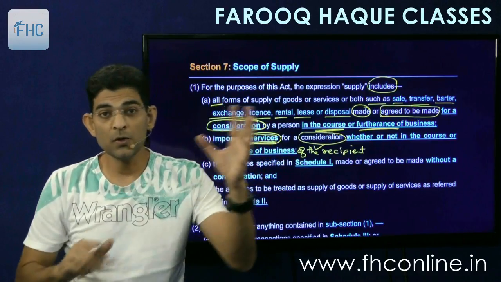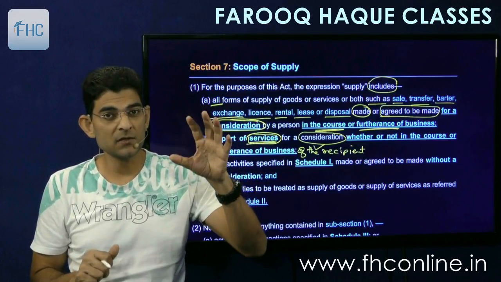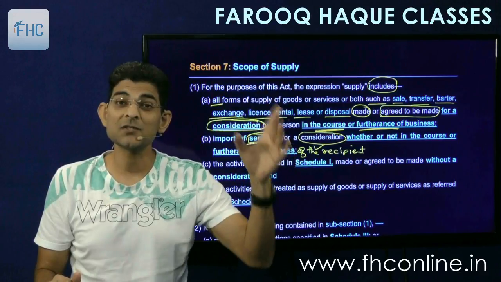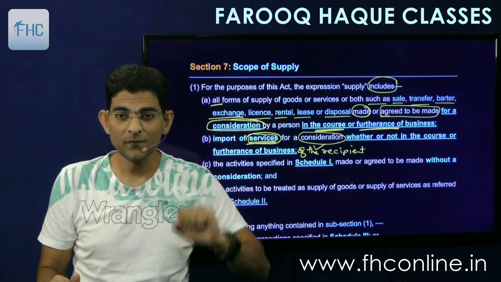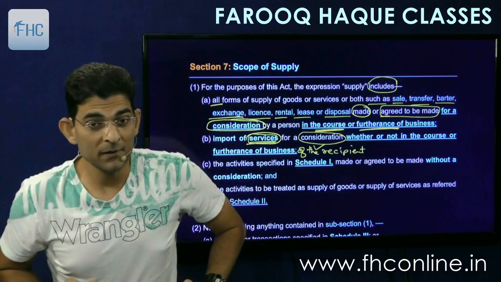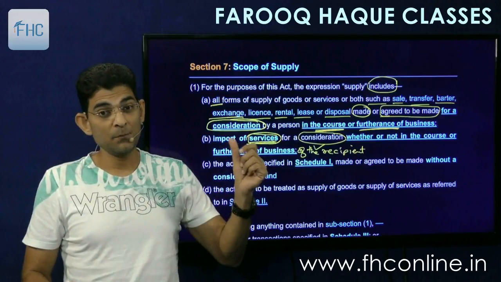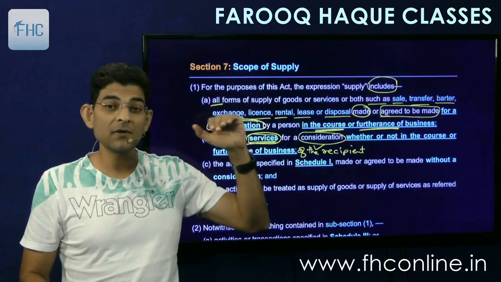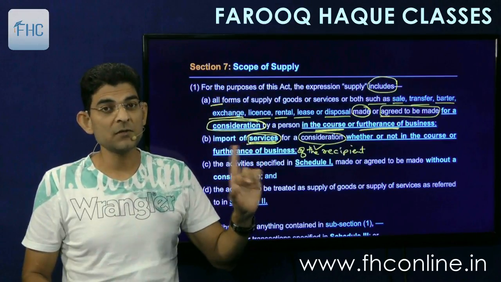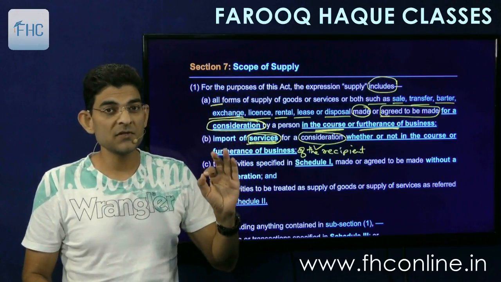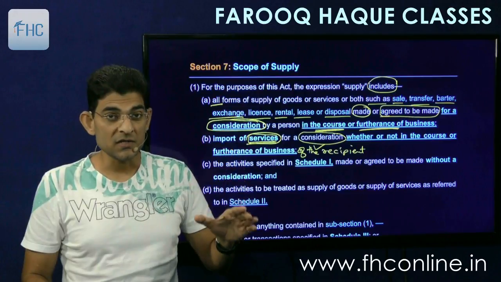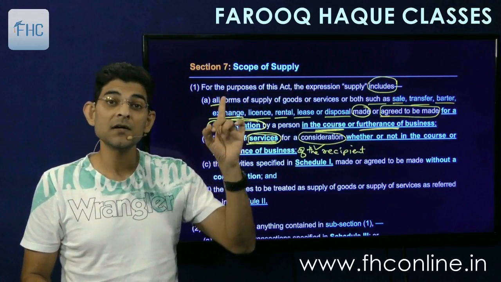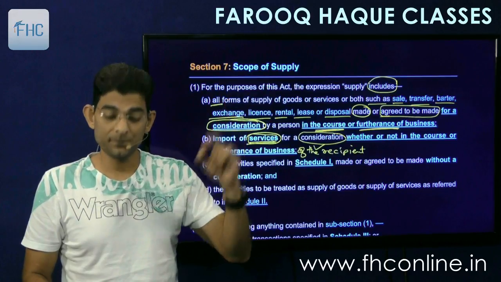Okay, so imported goods are not directly governed by GST law; they are governed by customs law. So therefore not covered here. But import of services are not covered by customs law; they are covered under GST law. Always remember this point. Import of services are covered under GST and import of goods are covered under customs. Okay, great.